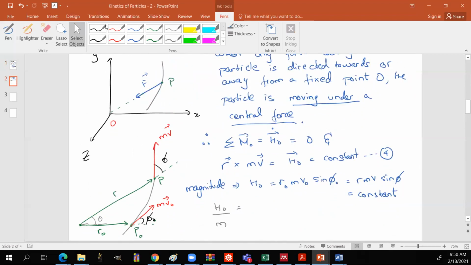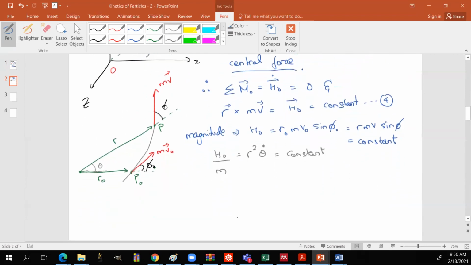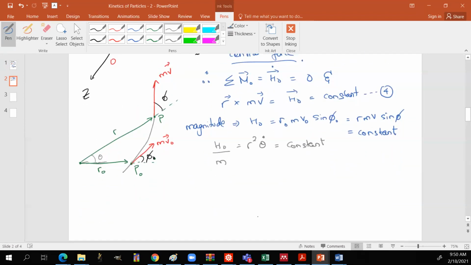So that is equal to R squared times theta dot, right? And this is equal to a constant, right? Because H naught is constant, M is constant, so H naught over M is also equal to a constant.